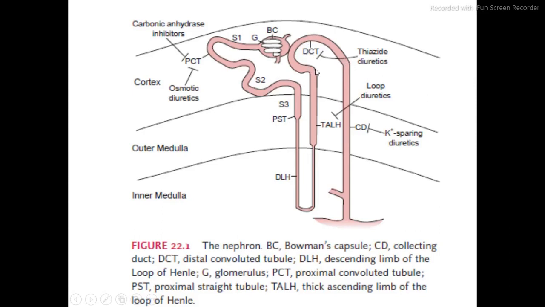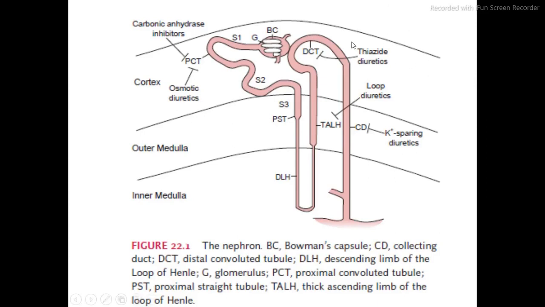In the early phase of the DCT, sodium and chloride absorption also takes place. So 20 to 25% sodium and chloride absorption takes place at the TALH, and also at the early stage of the DCT.